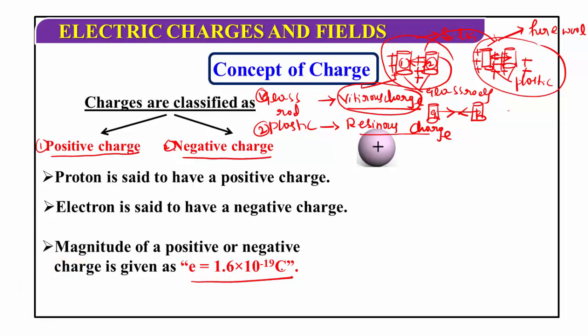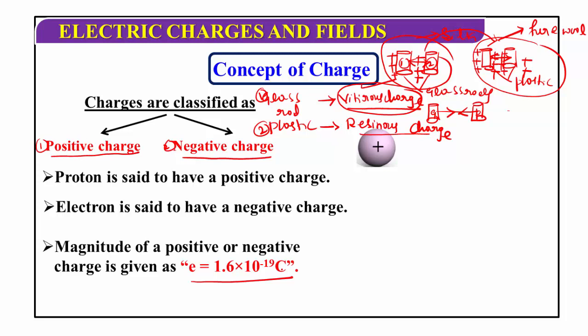The smallest possible value of the elementary charge is 1.6 into 10 to the power of minus 19 coulomb.